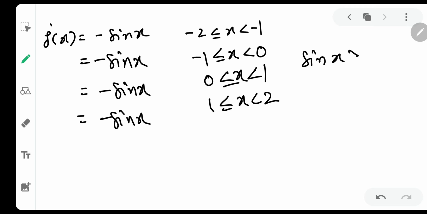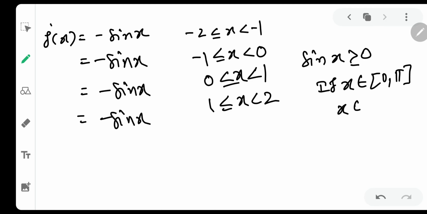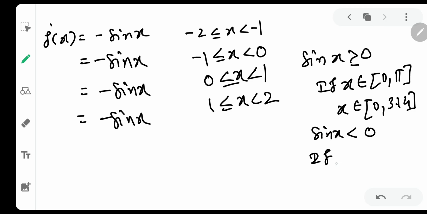Now sin x is always greater than or equal to 0 if x belongs to 0 to pi. What does it mean? It means 0 to 3.14. And sin x is less than 0 if x belongs to pi to 2 pi.